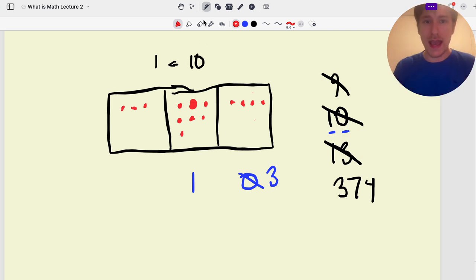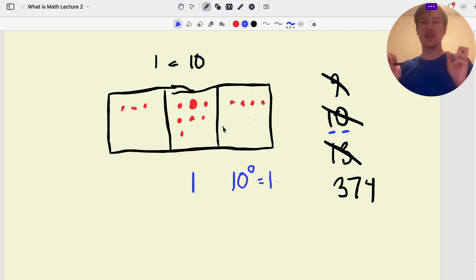So in a way, what we can kind of say here is this rightmost box has the value 1. And I'm going to choose to write 1 in kind of a peculiar way. I'm going to write it as a 10 with an exponent of 0. But all you need to know is I'm telling you that that's equal to 1. So each of those dots has an intrinsic value of 1.